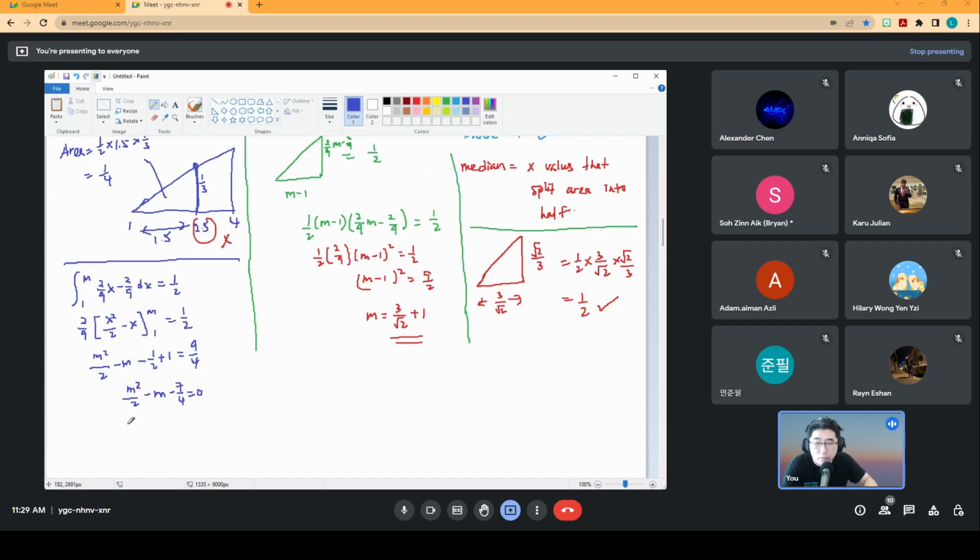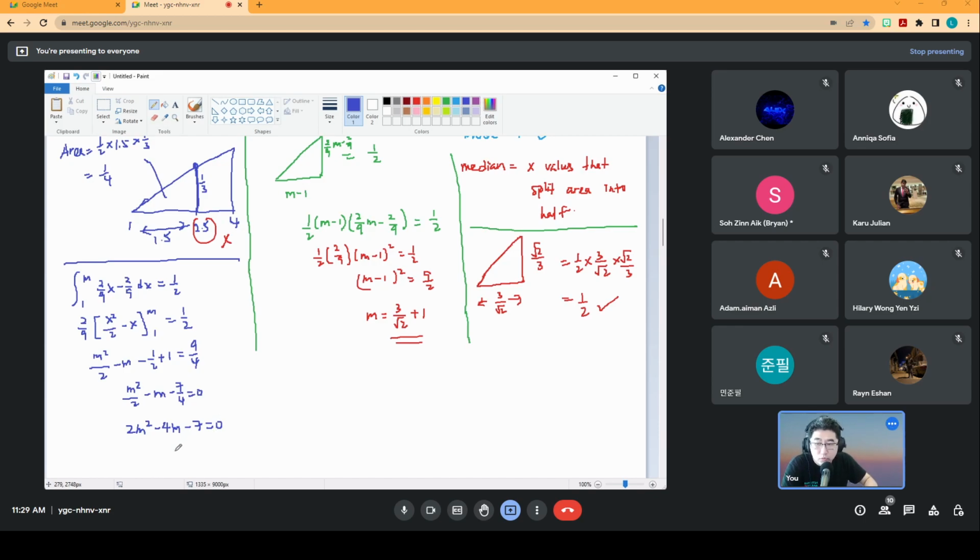Okay, multiply everything by 4. So 2m squared minus 4m minus 7 equals 0. So I press the calculator: 2 equal, minus 4 equal, minus 7 equal.